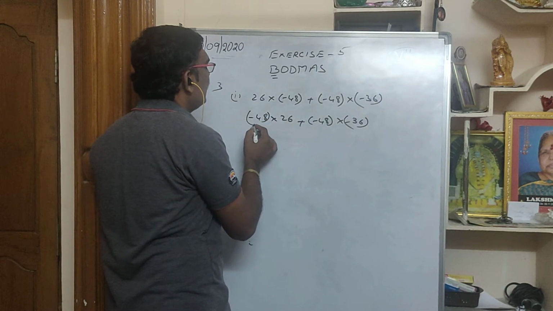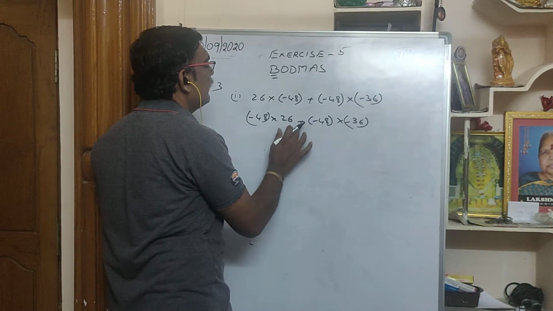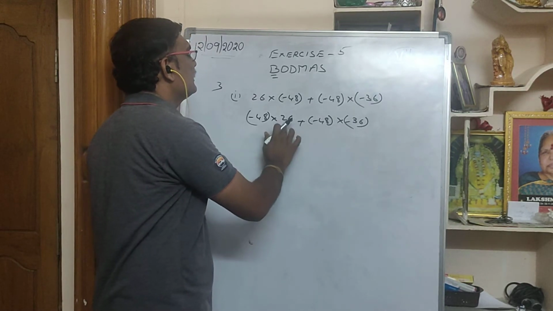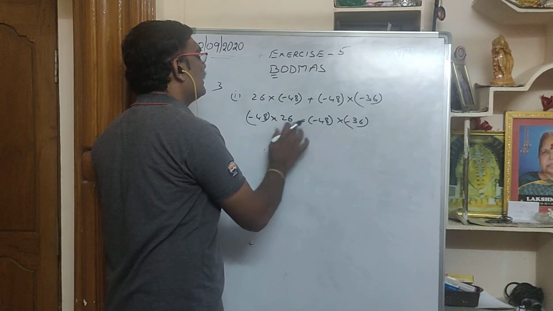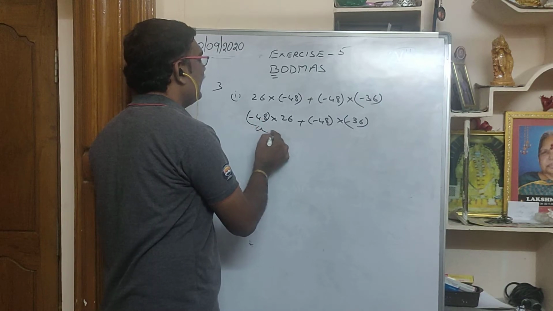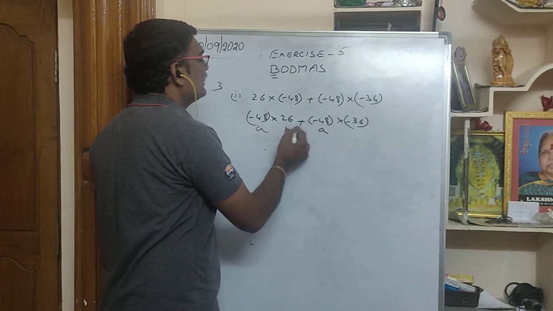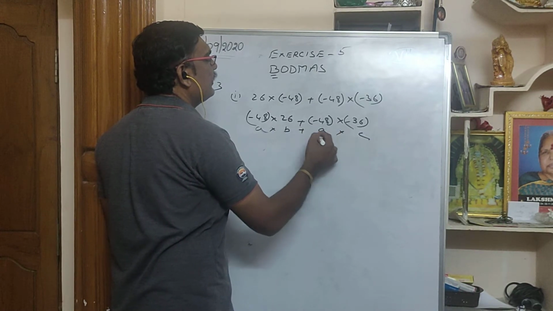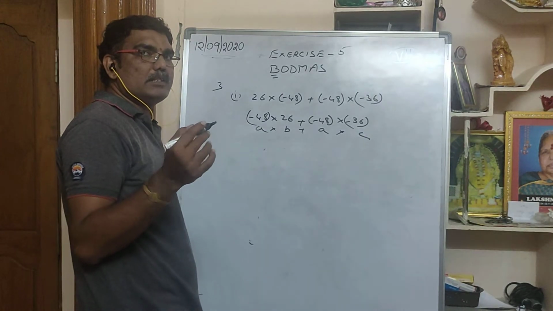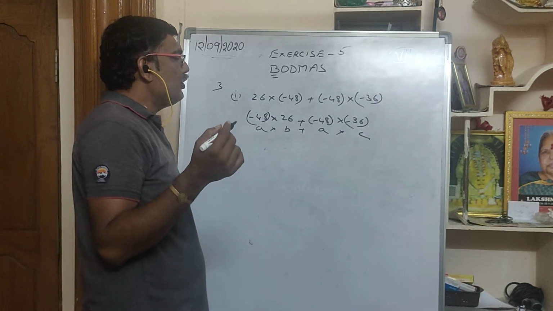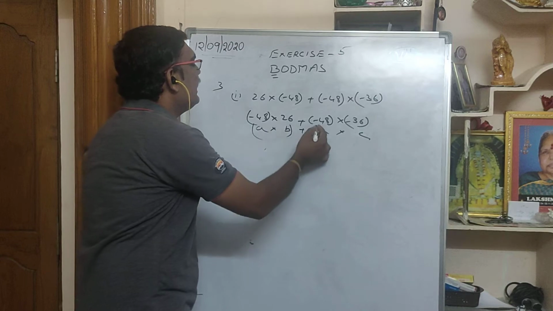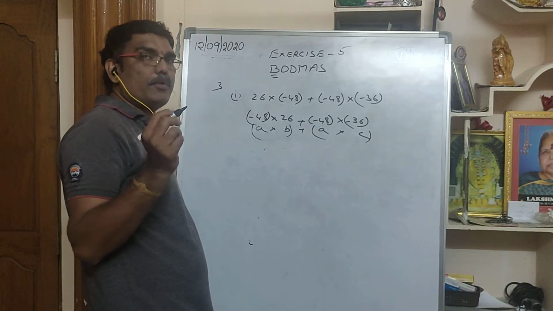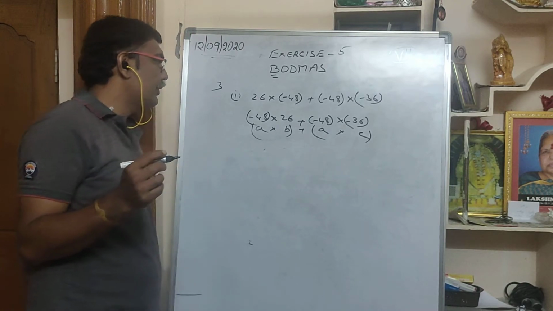Then here it is like A into B plus A into C. This is 26, this is minus 36. These two are different and these two are the same. If I take the same one as A, this as B and this as C, it is like A into B plus A into C. This is the distributive property.